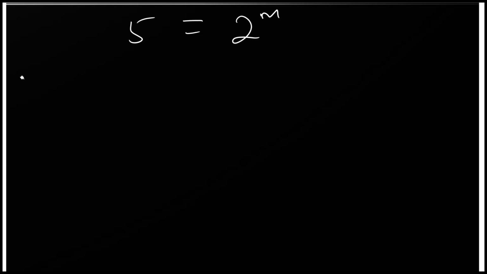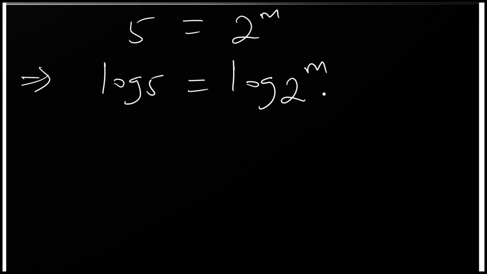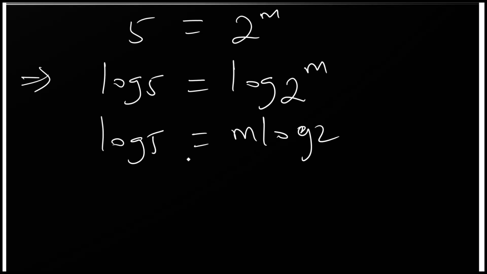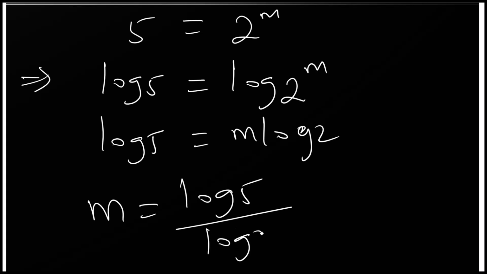So let's take log on both sides. Log 5 equals log 2 to the power m. This is a power rule, m log 2. So m will be log 5 on log 2.